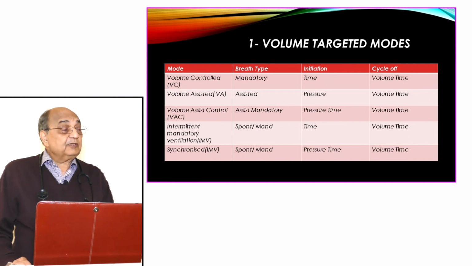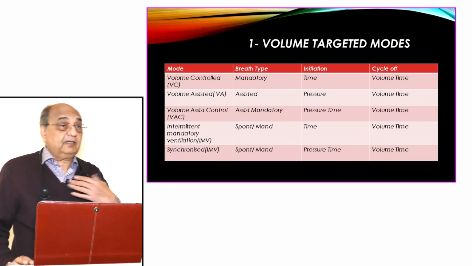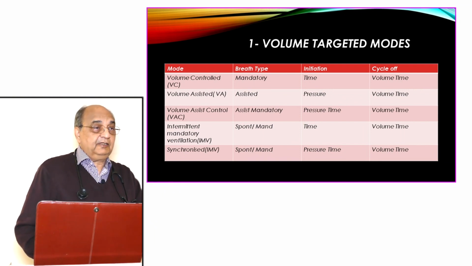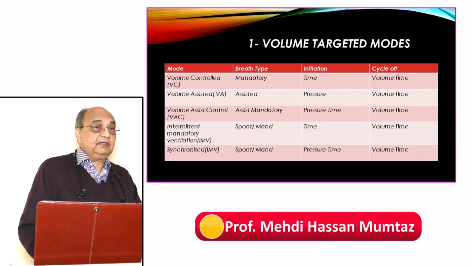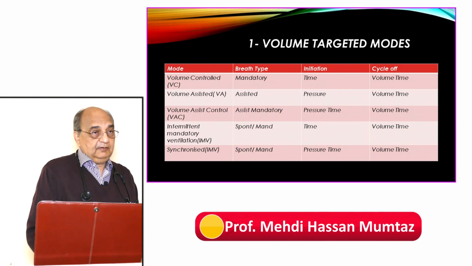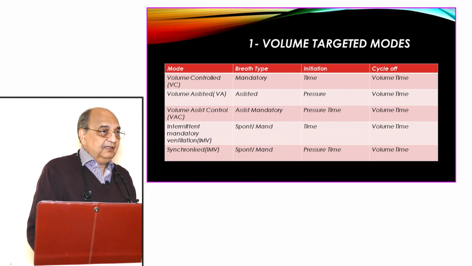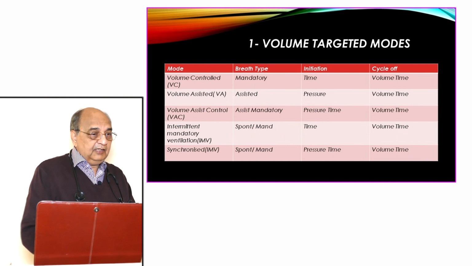When we put the patient on a ventilator, it is under our control. We decide that we have to put the patient on a ventilator. We decide that these are the indications. Now the patient needs artificial ventilation. But when we take the patient off the ventilator, the patient decides that they should come off the ventilator. It is the patient who tries to come off, but we assist them by giving different modes.